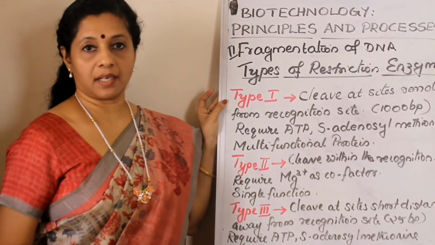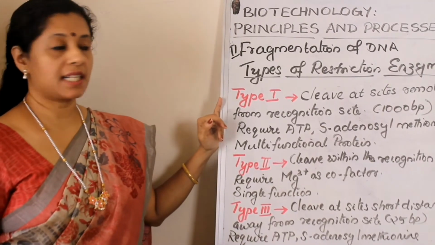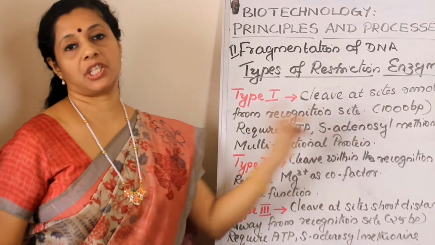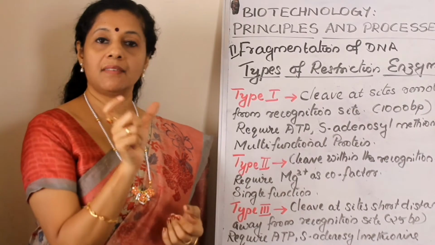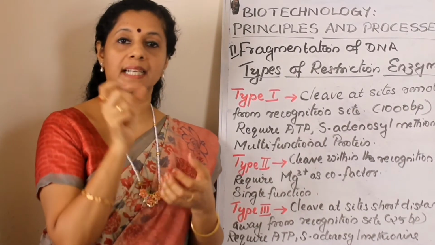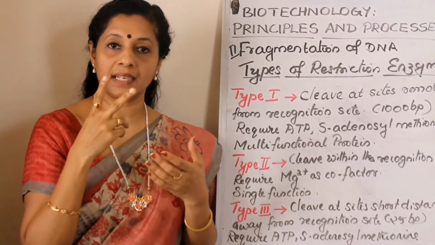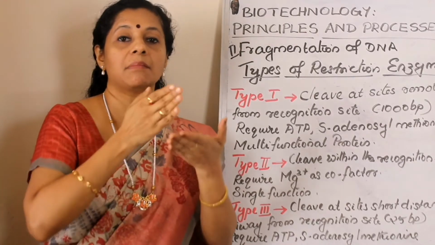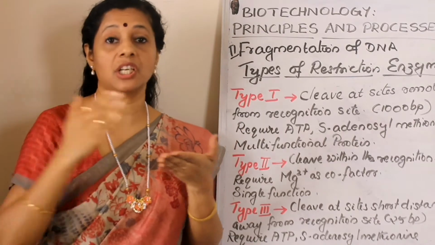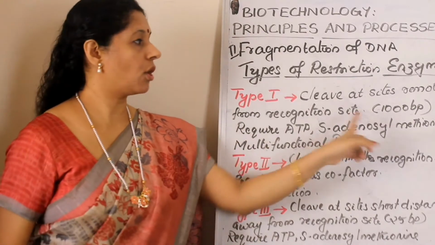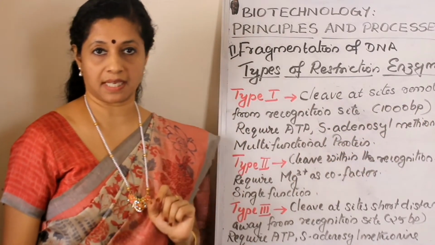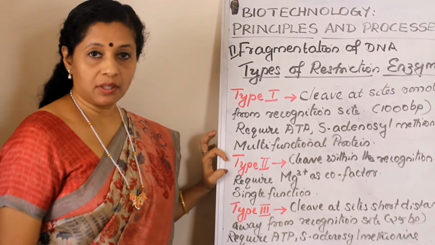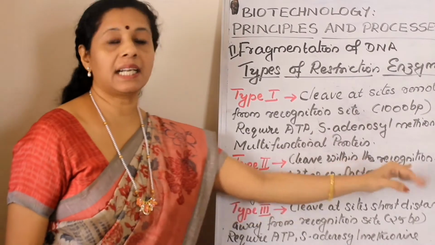The type 1 restriction enzyme cleaves at sites remote from the recognition site. That means they have a particular sequence that they can recognize so that they can cleave the DNA, but they don't cleave at that particular site, but far away from the site. Almost 1000 base pairs away. Whereas type 2 cleave within the recognition site.